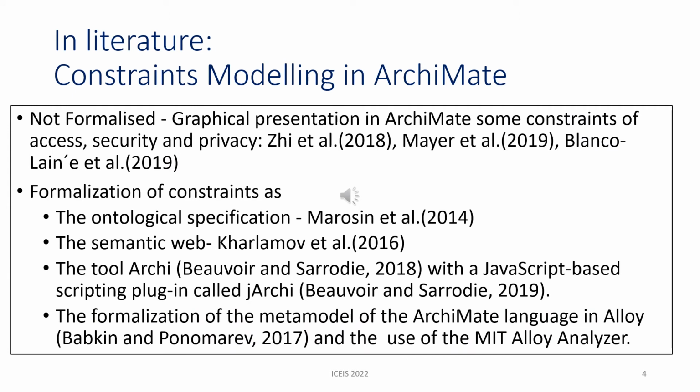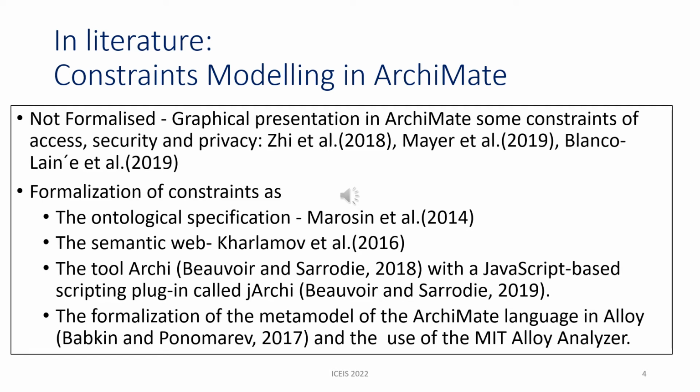In literature, there are not formalized and formalized presentations of constraints in ArchiMate. The not formalized just visualize some access, security, and privacy policies. The formalized presentations use examples of constraints from the ArchiMate specification and transform them into ontology or semantic web.